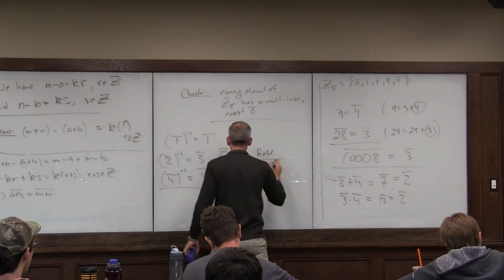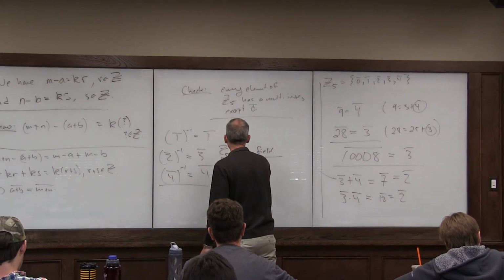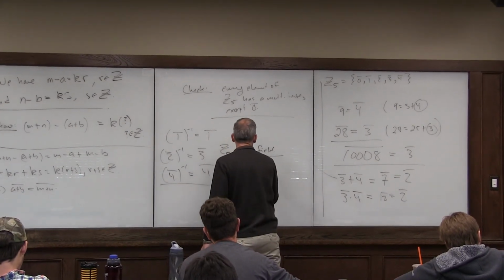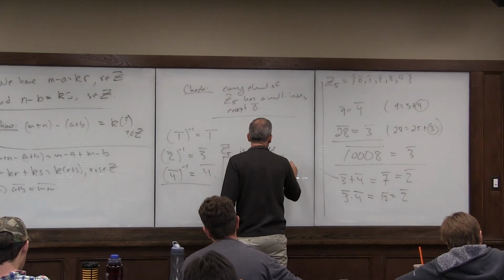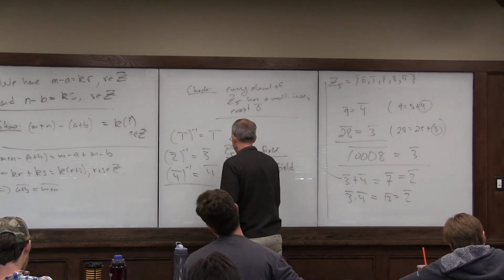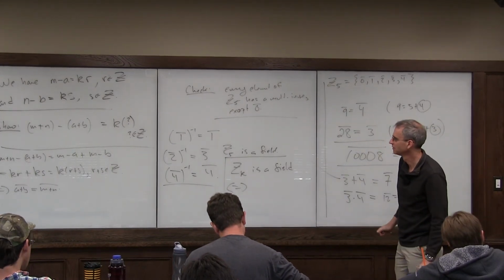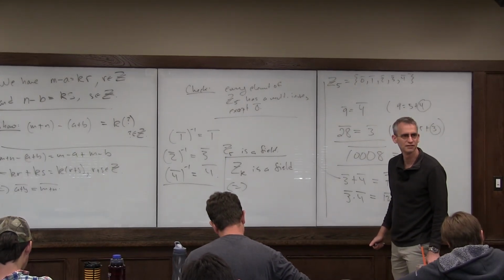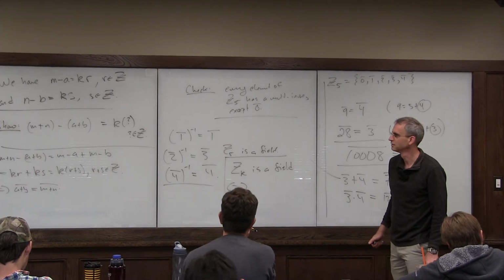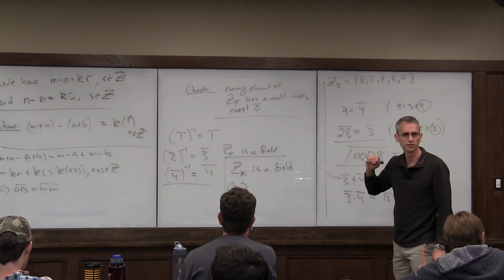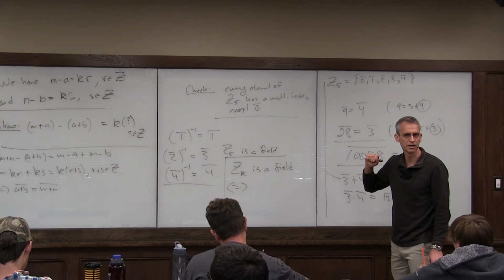And in fact, it's a very interesting fact. So Zk is a field if and only if, anybody care to guess? Actually, Z2 is a field. So it's not the fact that it's odd, right? Because you have 0 and 1.